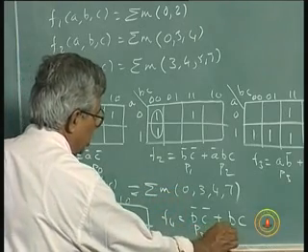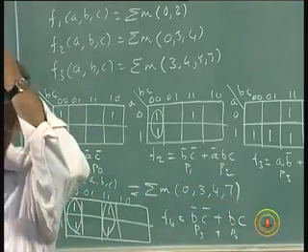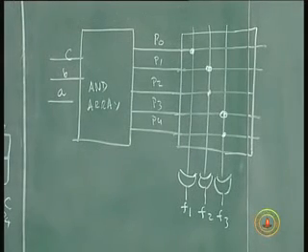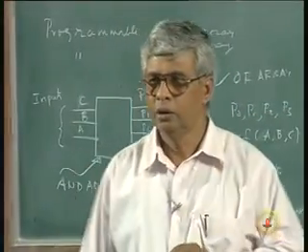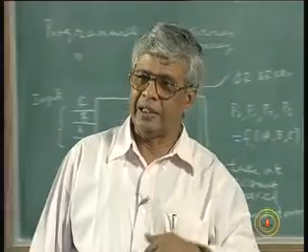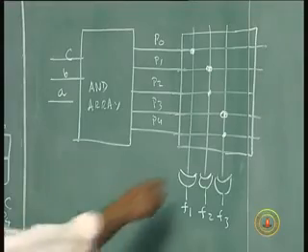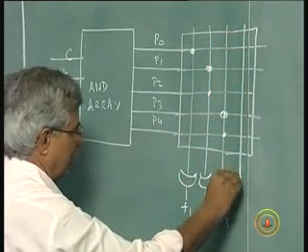With these product terms already generated, P1 and P4, I am now able to get one more output. That is why I drew this little larger box, so I can insert this.